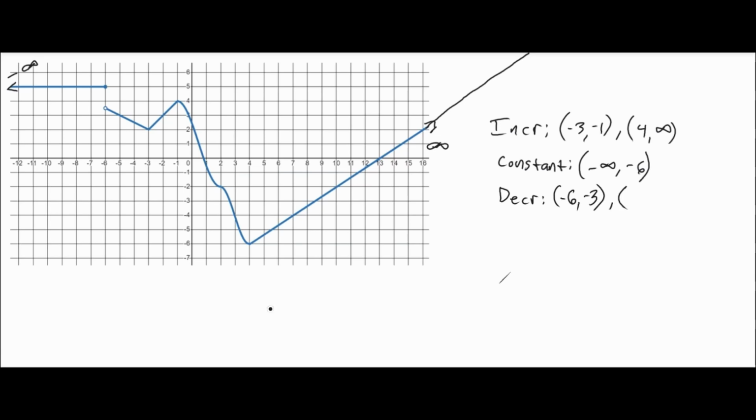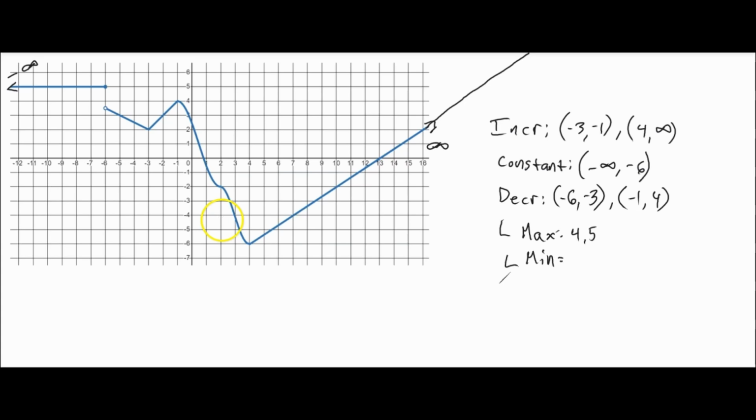And then -1 up to 4. That's our intervals of decrease. And then our local maximums, well, here's a local maximum at 4. This whole constant is a local maximum at 5, and that looks like that's all we have. So local max at 4 and 5.